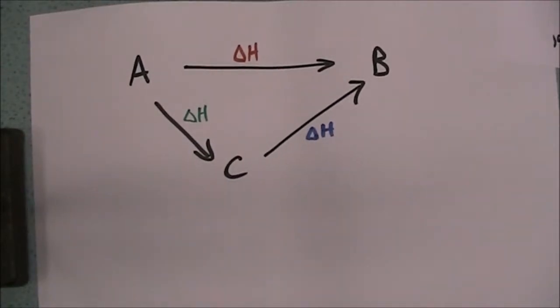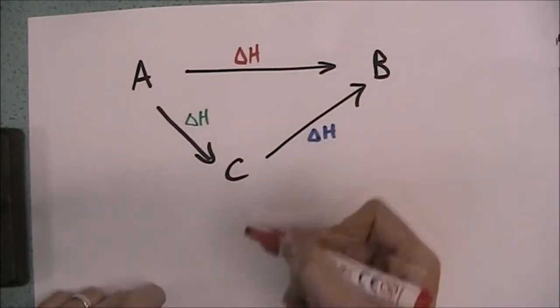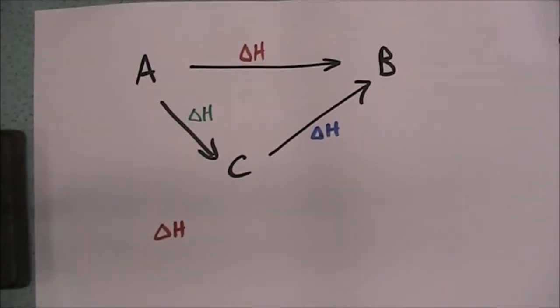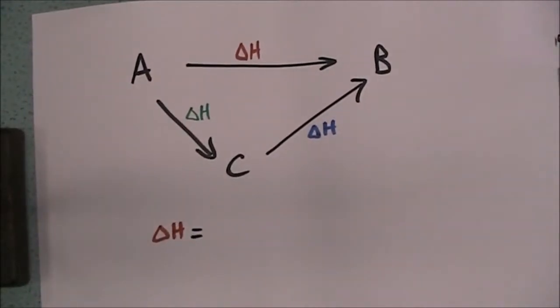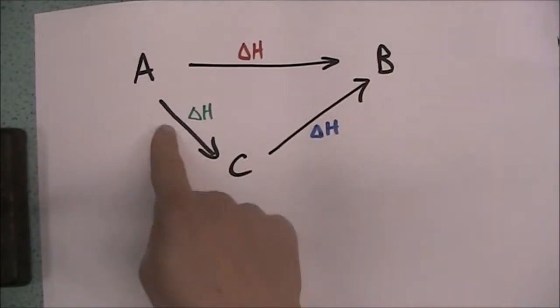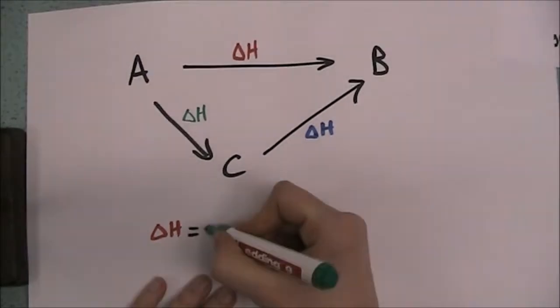So we can mathematically say that this change in enthalpy, the red one, between A and B, is equal to the sum of these two, because we're adding them together. We're going this way and then we're going this way.